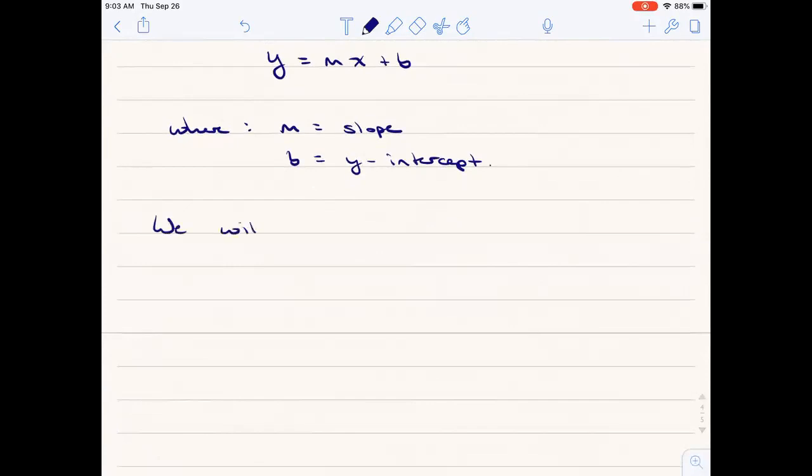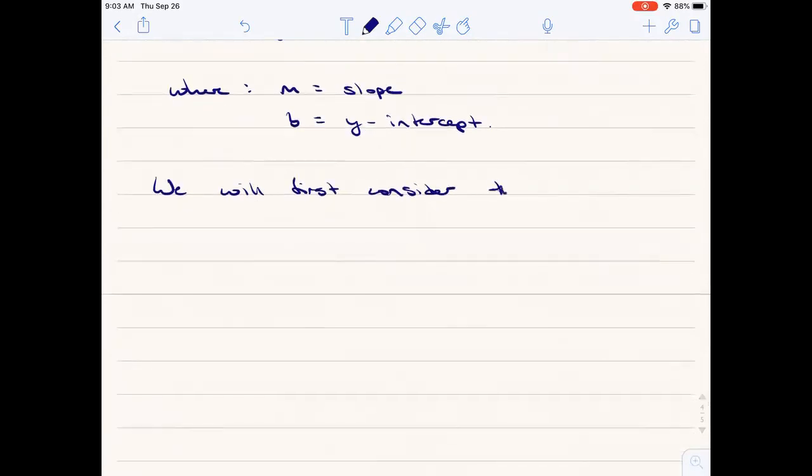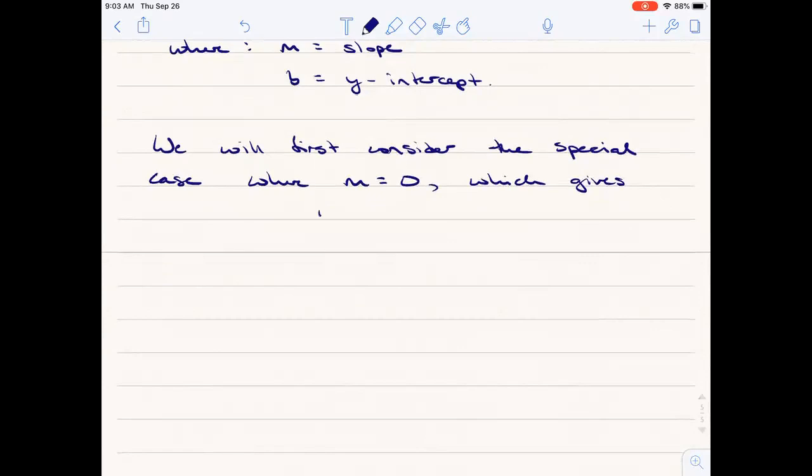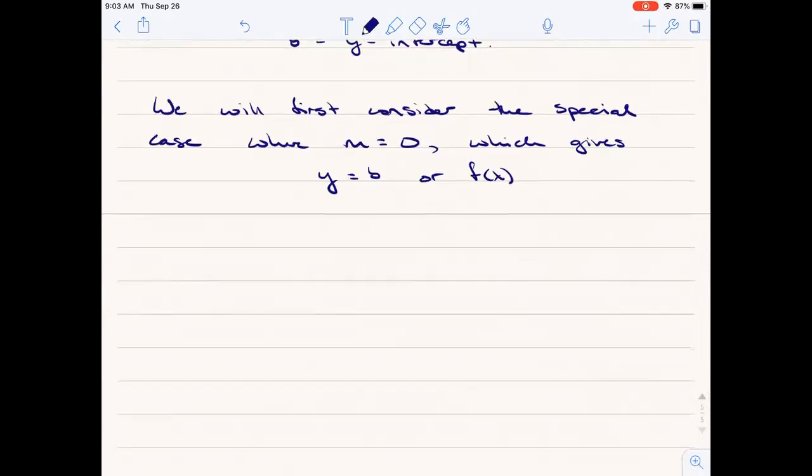So we will first consider the special case where m is 0, which gives y equals b, or if we're talking functions, f of x is b.